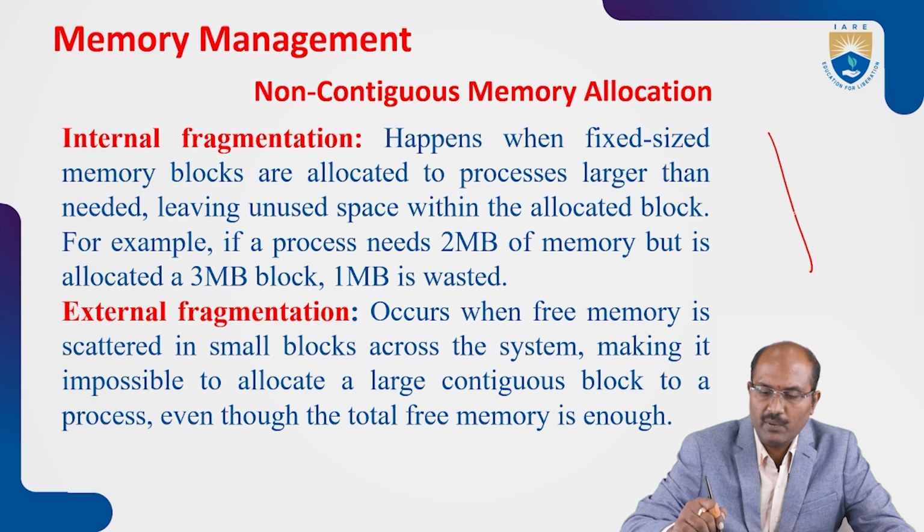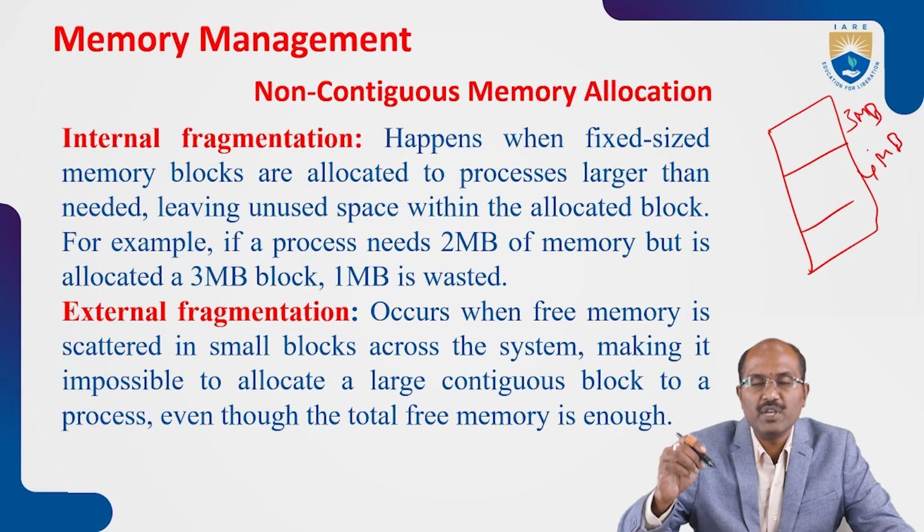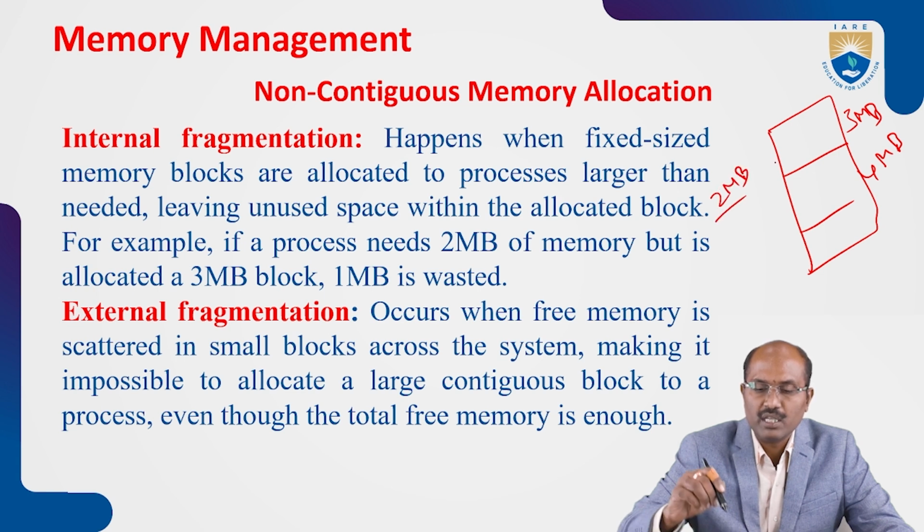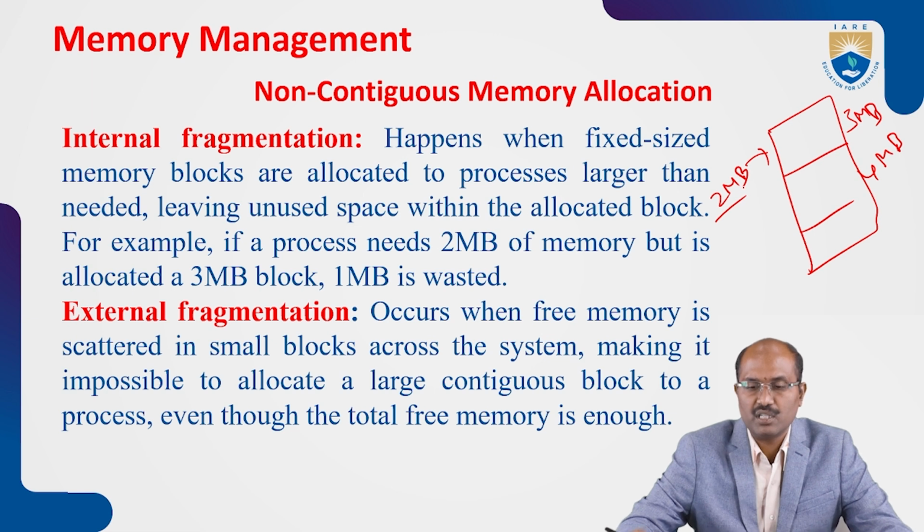Suppose this is memory with a 3 MB block and a 4 MB block. A 2 MB process comes and is allocated to the first partition, which is 3 MB.